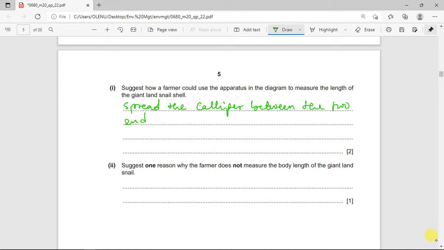Then you hold the caliper against the ruler and take your measurement.